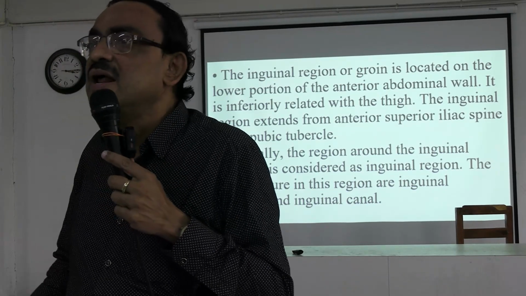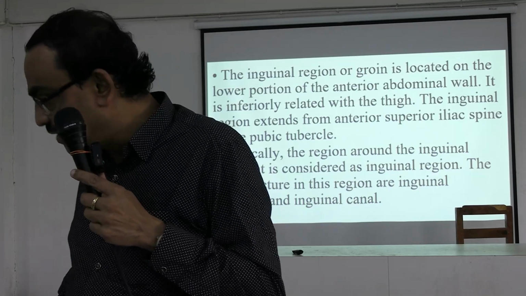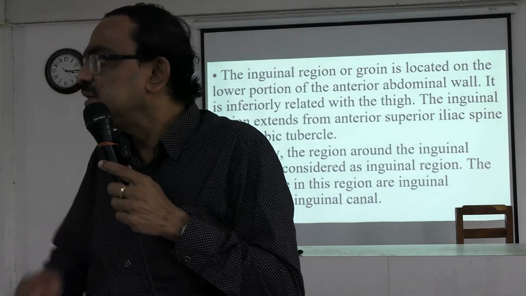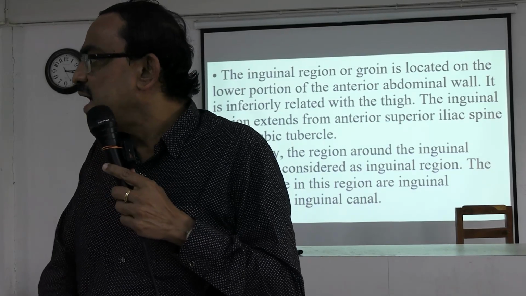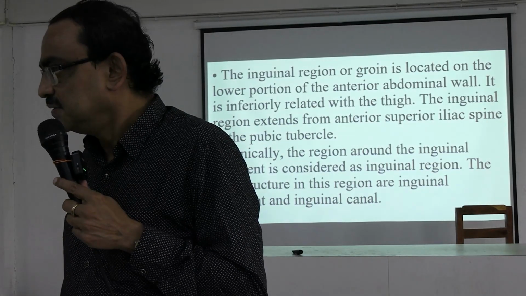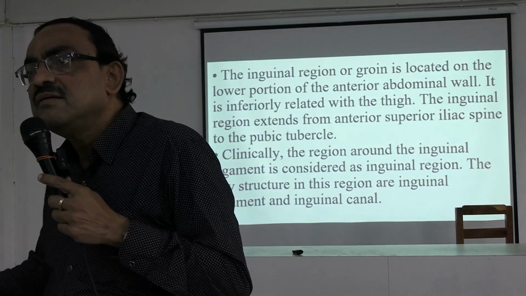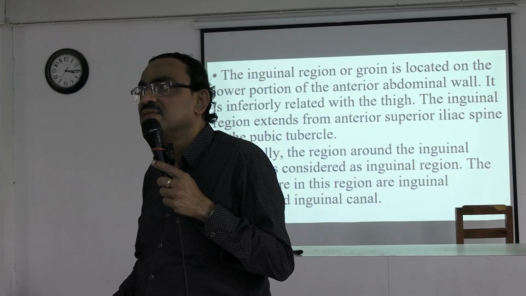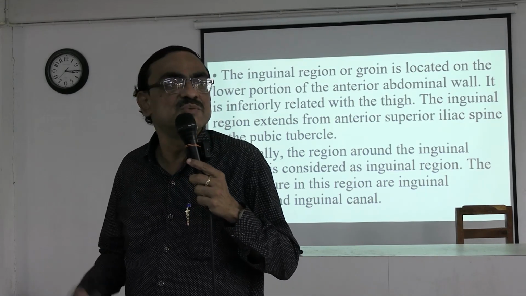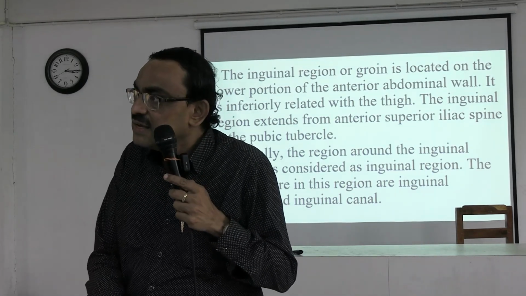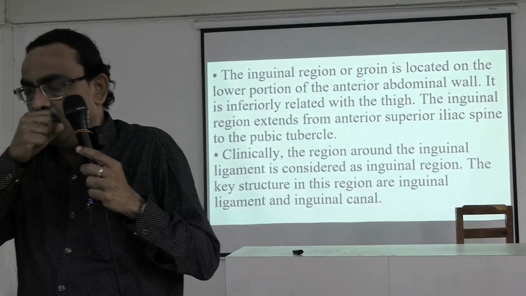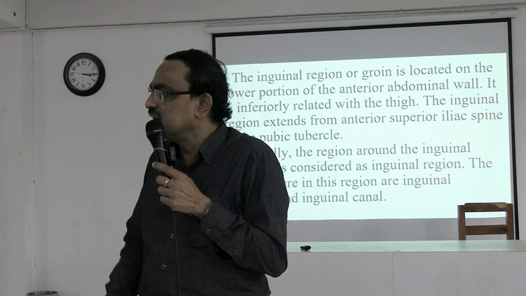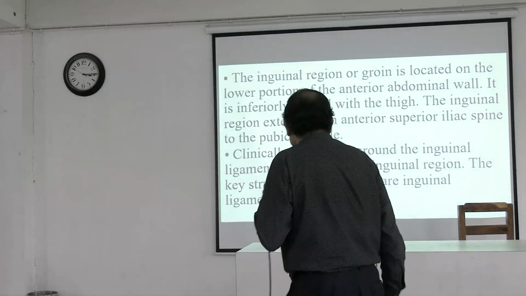That is called the deep inguinal ring and superficial inguinal ring. And that canal is obliquely placed and covered with muscle and aponeurosis. And that deep ring is situated at the fascia transversalis, whereas the superficial ring is situated over the external oblique aponeurosis.